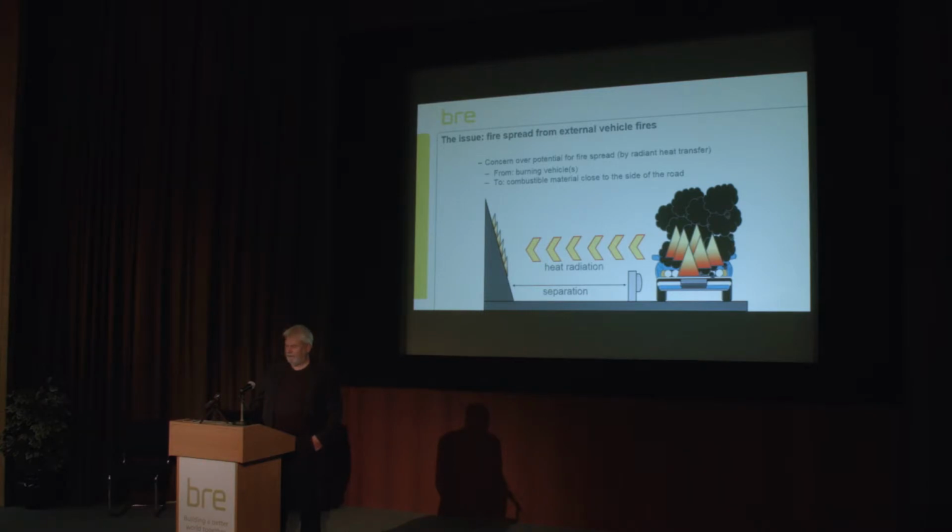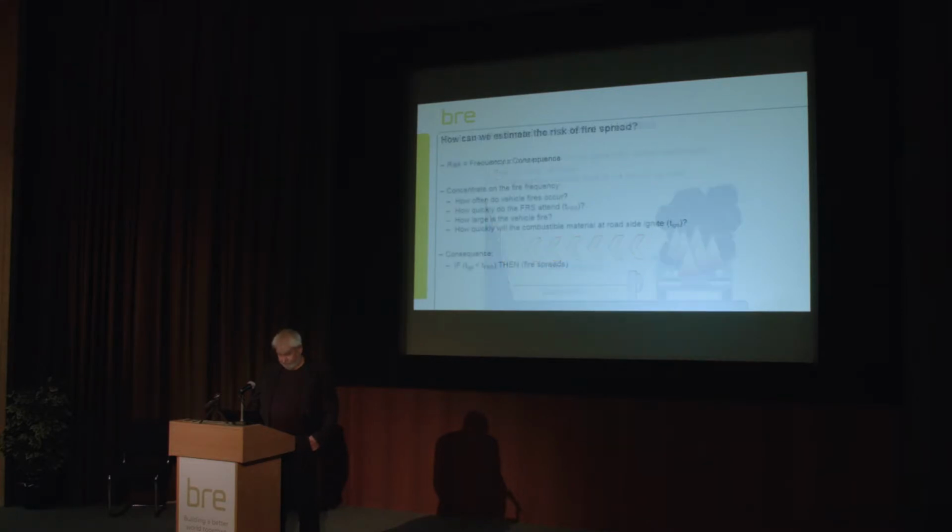And so the amount of radiation that will fall on the combustible material depends on how much separation you can put between the original fire source and the target material. So the issue here is how can we estimate the risk that the fire will spread? So we define the risk in the conventional terms, frequency times consequence.